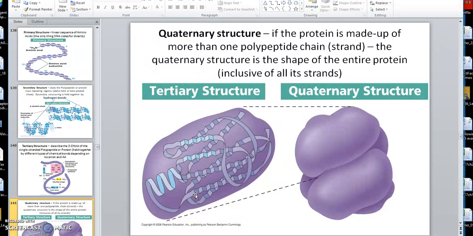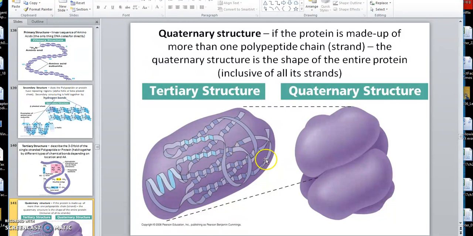So in one hemoglobin molecule, the globin, which is the protein, has 4 polypeptides in one molecule. They're bonded together. And they all together form a quaternary.